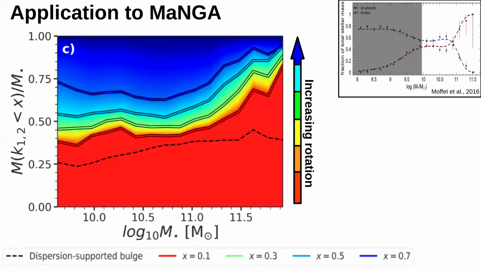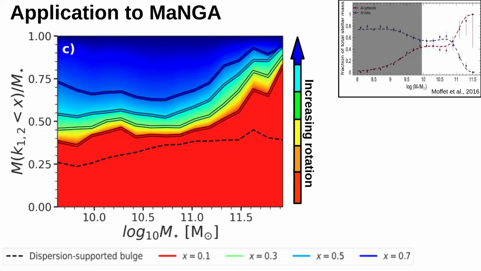So let me go through this plot step by step. The horizontal axis is the galaxy stellar mass, while the vertical axis is the cumulative mass fraction within different thresholds of the kinematic parameter of the individual components. So here we are looking at single galaxies and we are looking at the structure inside of them.